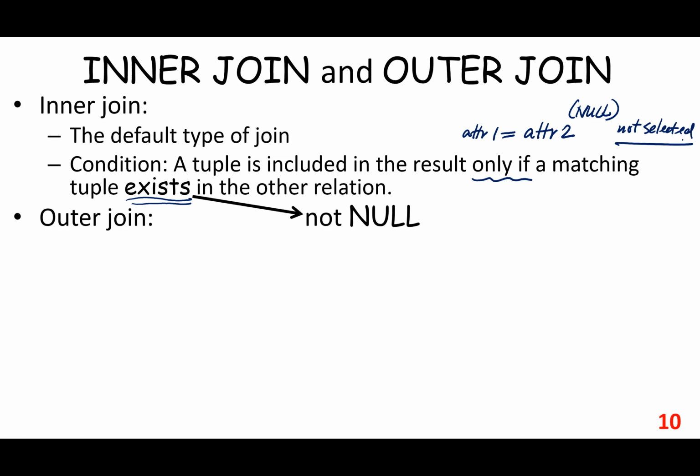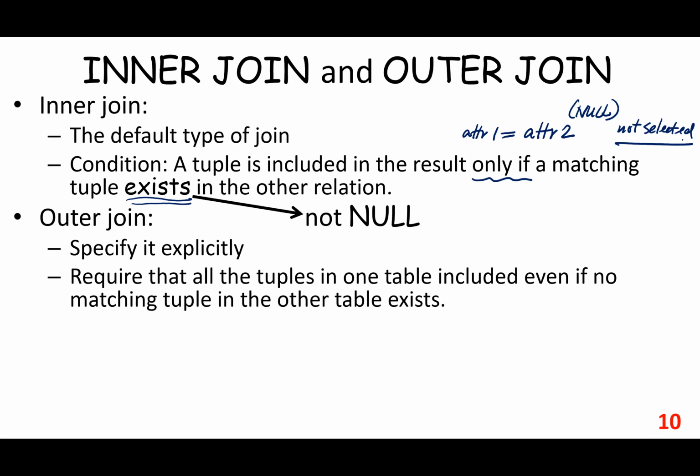It's not default, so you need to explicitly write it. You have to write outer join. But when you write outer join, there are two cases to be considered: left outer join and right outer join. So here, let me describe these two outer join types.